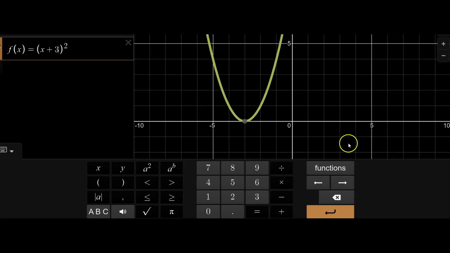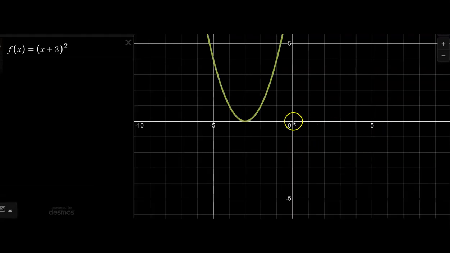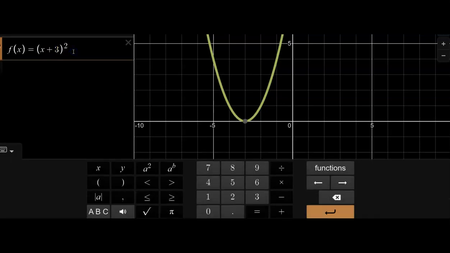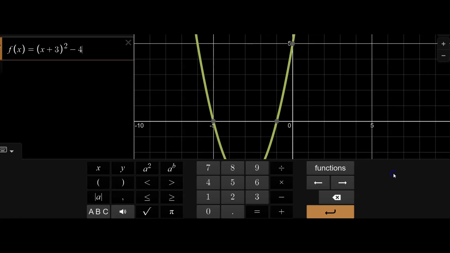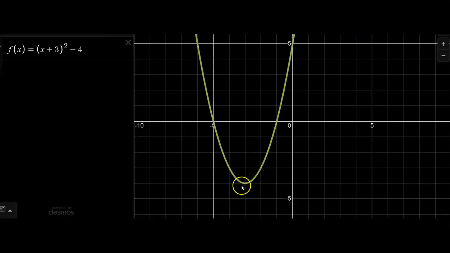And you are correct. It got shifted 3 units. Okay, so the same effect. Adding 3 inside will move the function to the left 3 units. And then let's say I am subtracting 4, then it will move the function down 4 units.